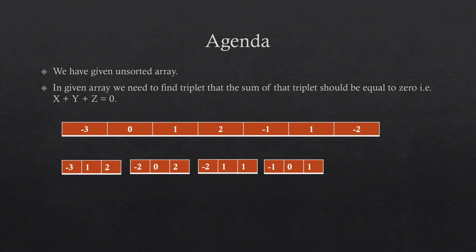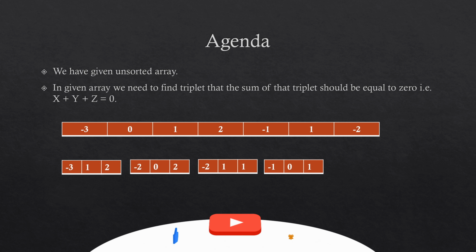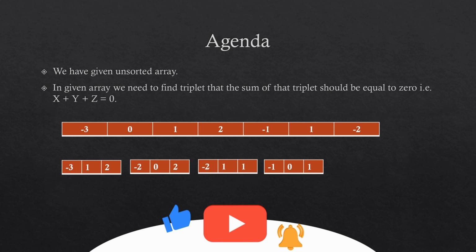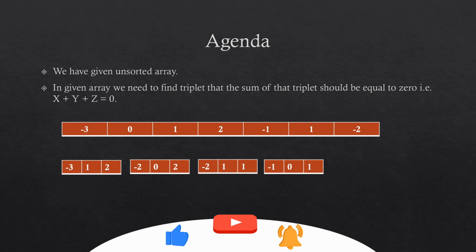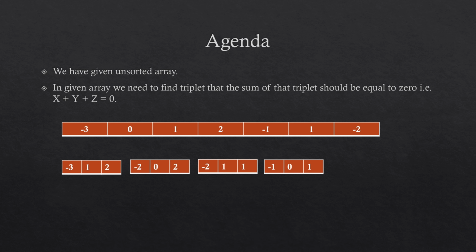This question can be asked in different ways. For example, they can ask you to give the count of the triplets whose sum is equal to 0, or they can ask you for the triplets themselves. So we have to find the triplets.